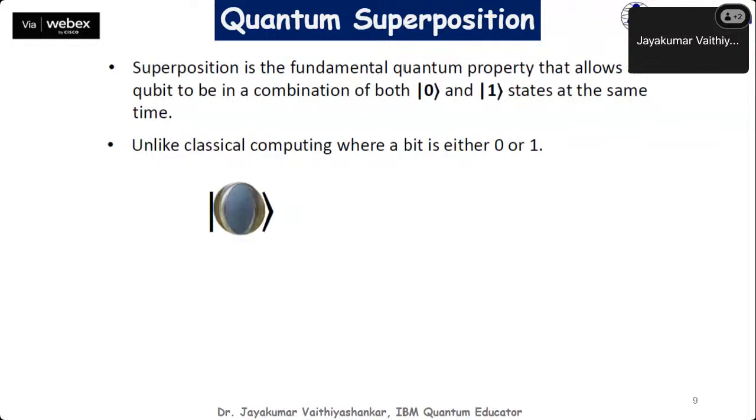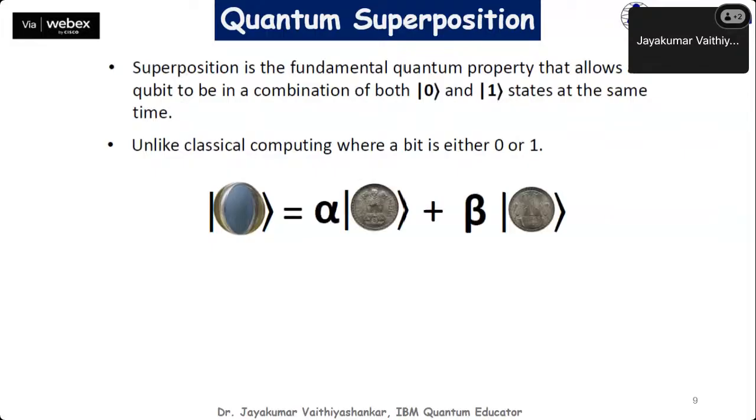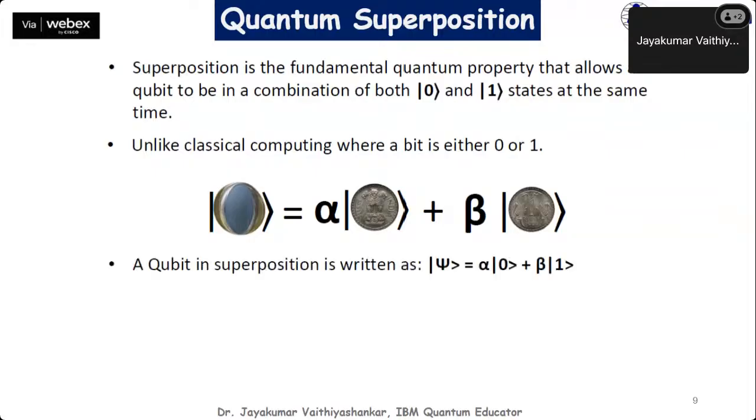Okay, so unlike classical, we already know all this stuff, right? It is like a spinning coin in superposition, it will keep on rotating, right? When it is in superposition, we can separate it into two independent states: alpha times head plus beta times tail. Try to remap it in mathematical form. This is your wave equation. Your spinning coin is denoted as psi.